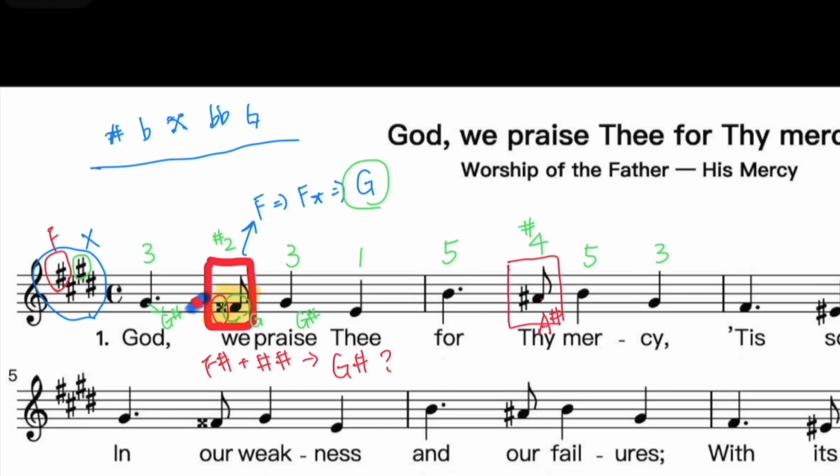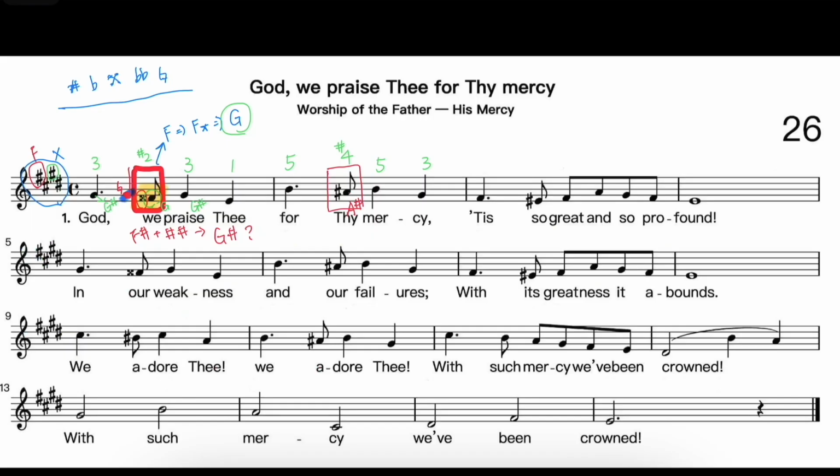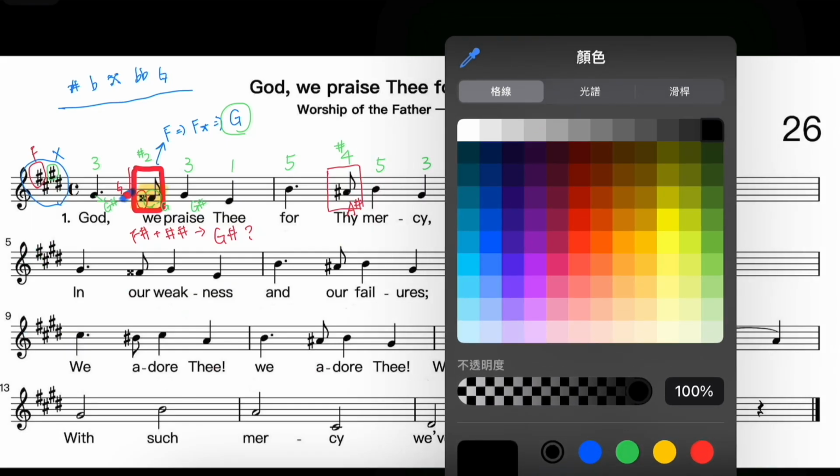And we give it a natural sign. Natural sign here, right? It's the same actually, but according to the composer's rule, there is a rule here. It will be like this.